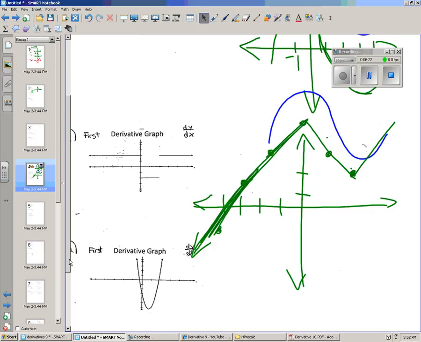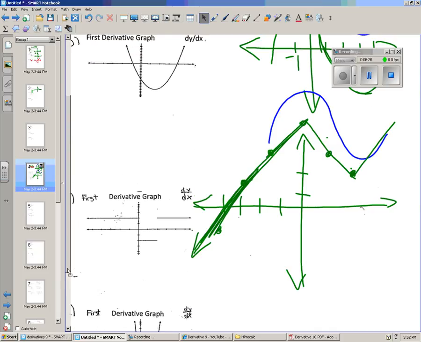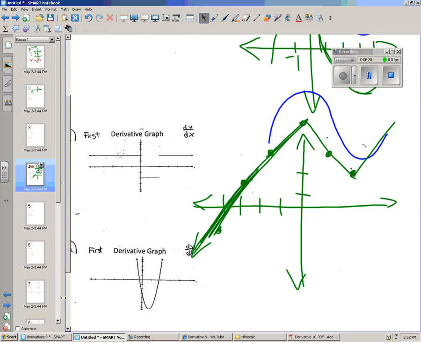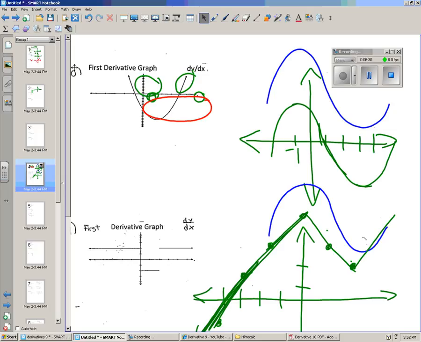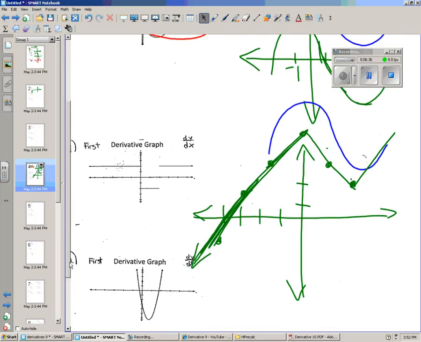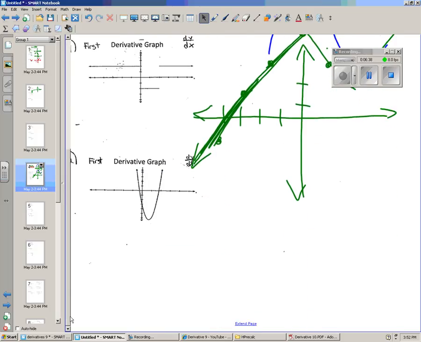So for 12, we look and see where the slope, oh, sorry, hold on. Okay, so I'm sorry about that. So for 12, we look and see again where the slope is 0. So we can see that the slope is 0 at about -0.5, and at very close to positive 2.